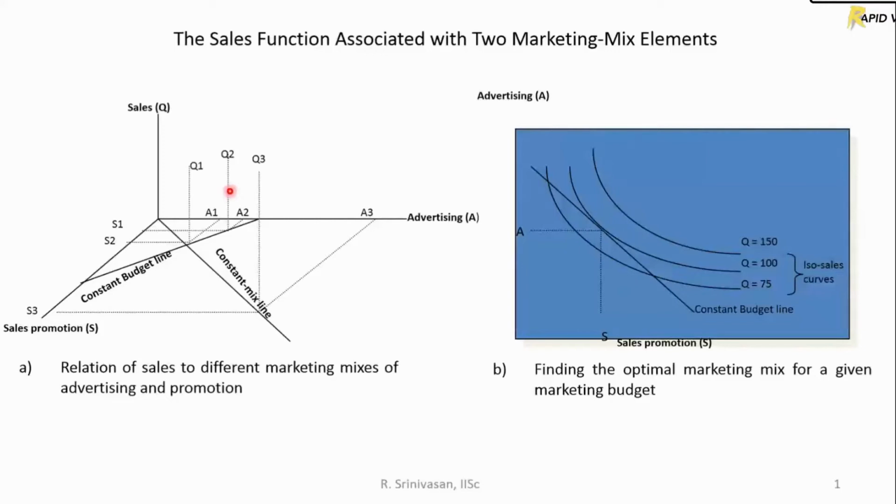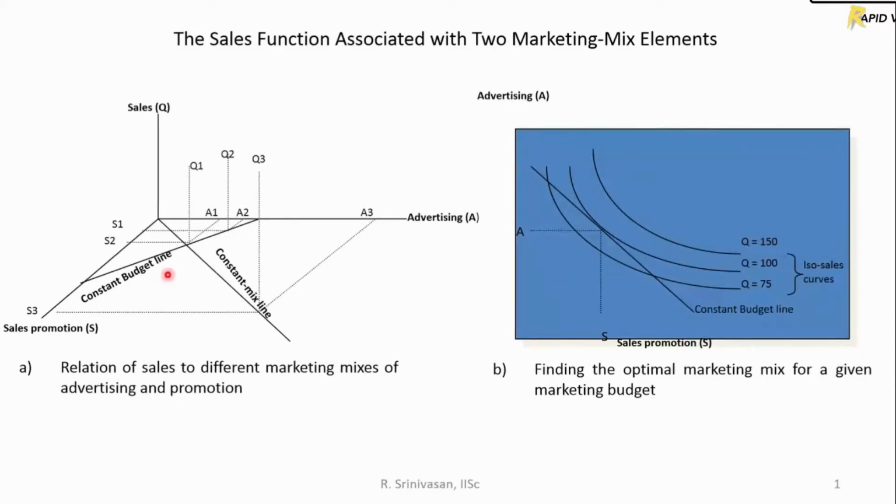So a marketing mix manager is likely to adopt this combination of A2 and S2 to get that Q2. So he may like to have his advertising expenditure at A2 and his sales promotion expenditure at S2, so that he can realize this Q2 sales.